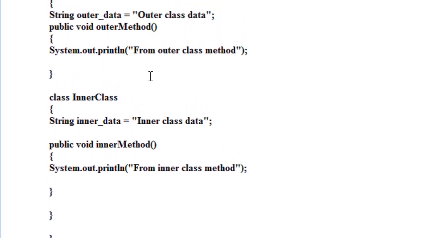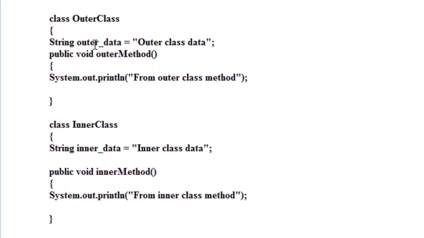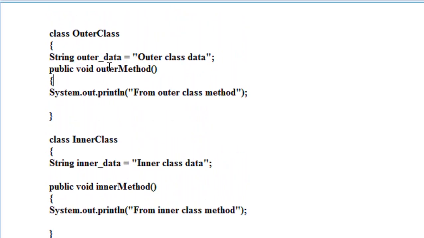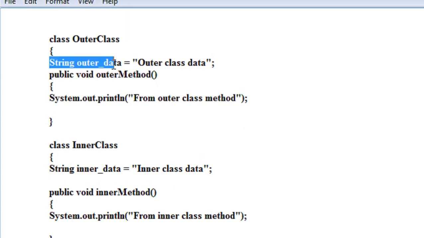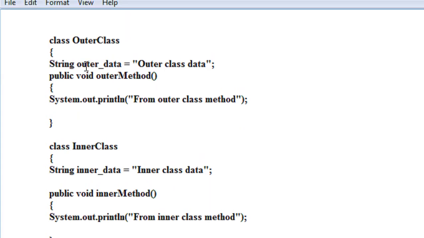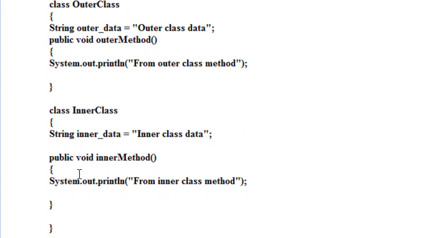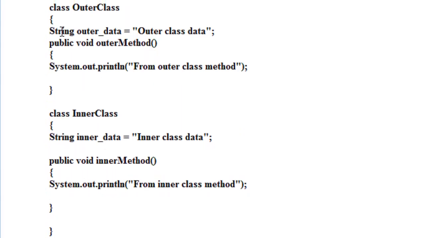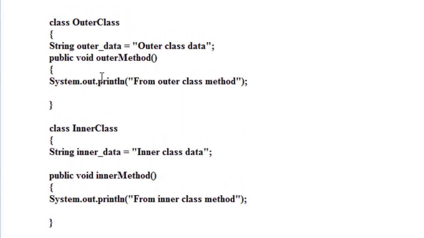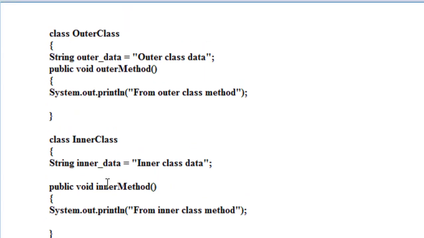Now I am going to access the outer class variable. There is only one variable, a string variable called outer data. I am going to access this variable within the inner class, and the inner class can access all the members, including private variables, of the outer class.